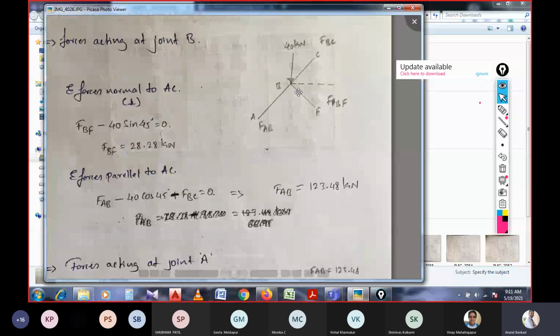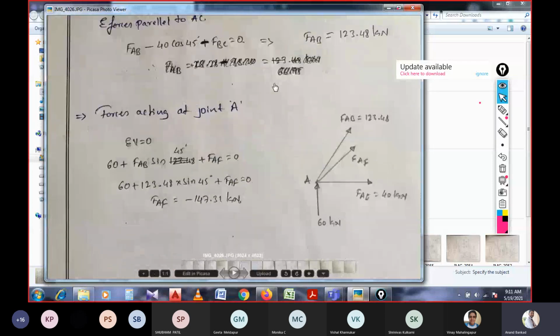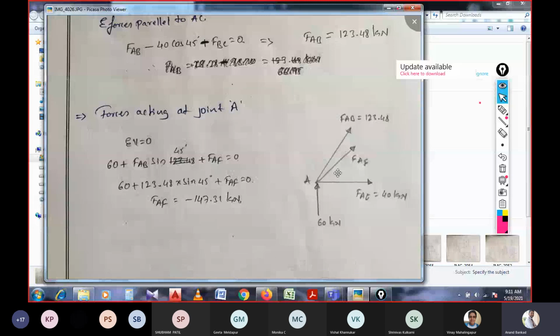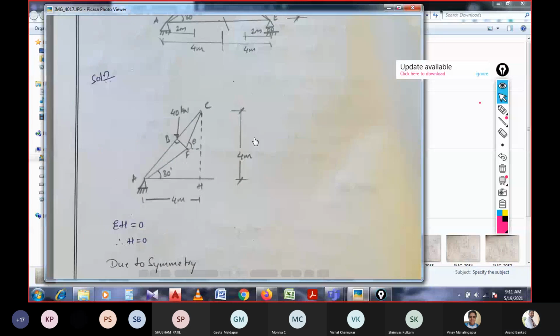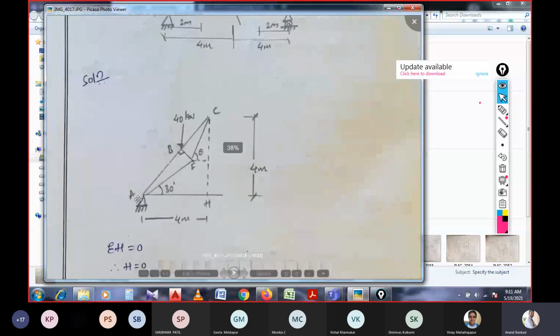So once we solve for FAB, FBC, and FBF, we are left with the member FAF. If you see the question here, FAE or AH is already solved by taking the moment about C, after the section is taken.